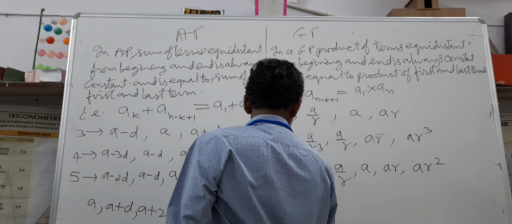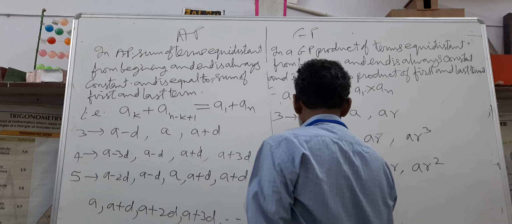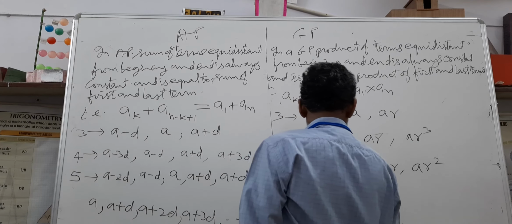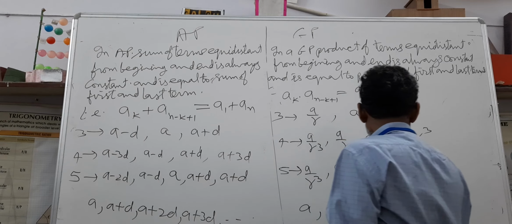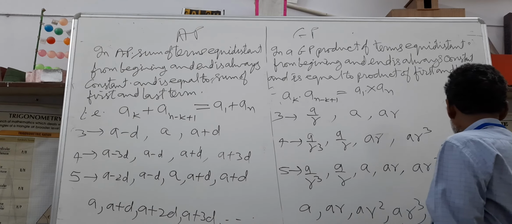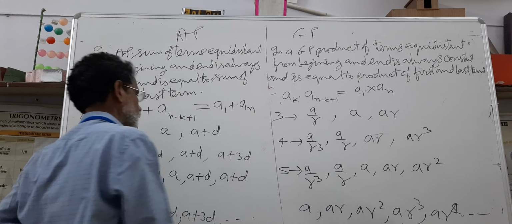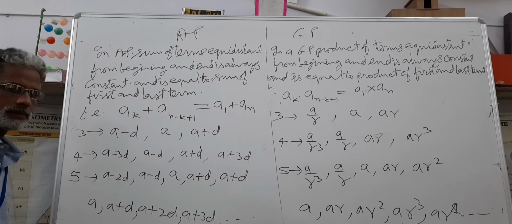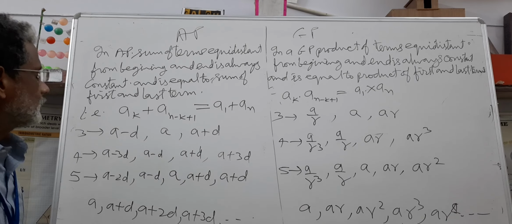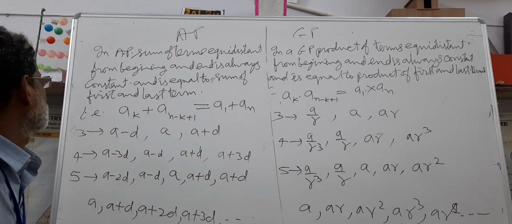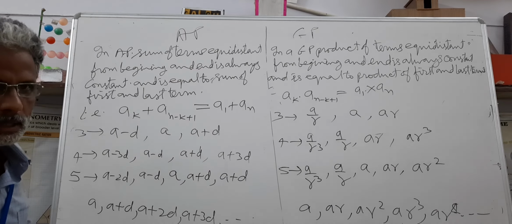In GP, you multiply by R again and again: AR square, AR cube, AR4, and so on. In this way, you can easily memorize your formula for GP.